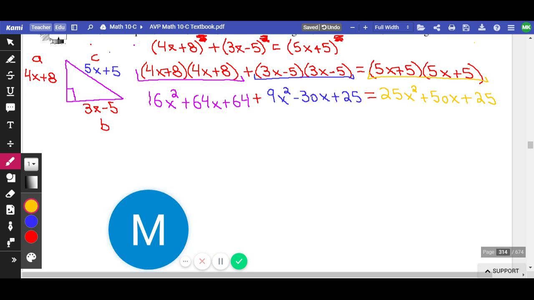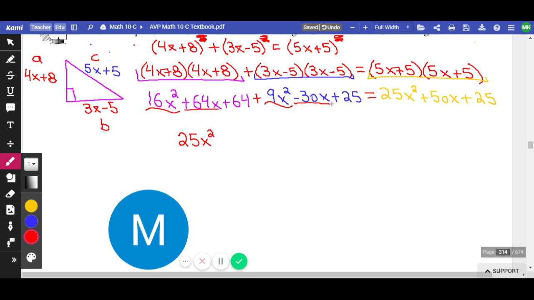You'll notice after you do this, when you multiply all these things, you have a lot of like terms. You can only combine like terms if they're on the same side of the equal sign. So for now, we can only combine these two because they're on the same side. 16x squared plus 9x squared equals 25x squared.